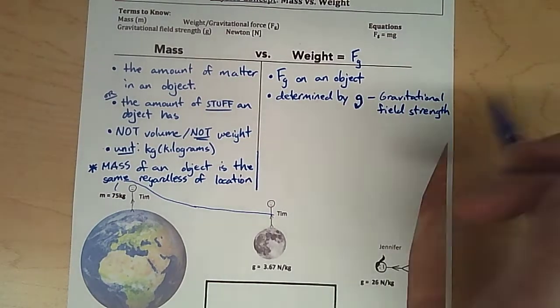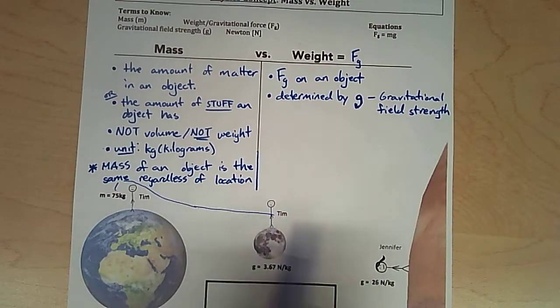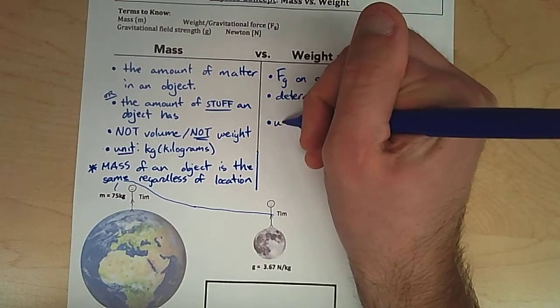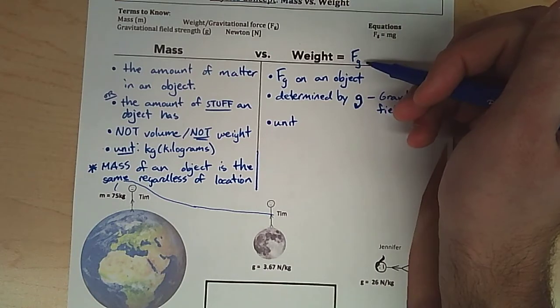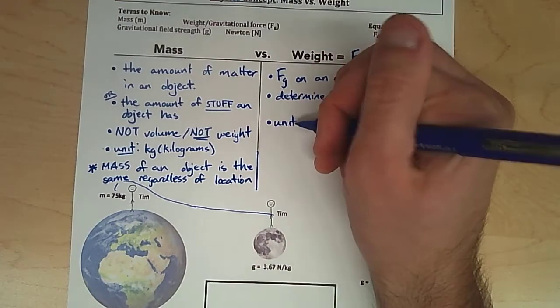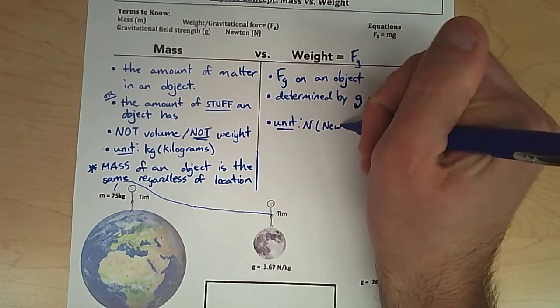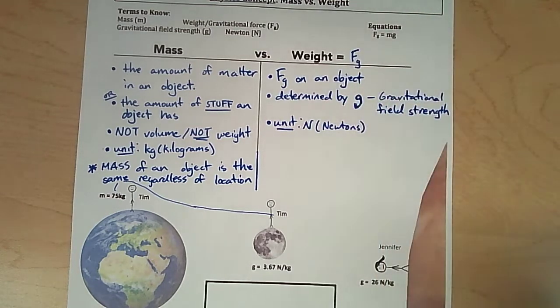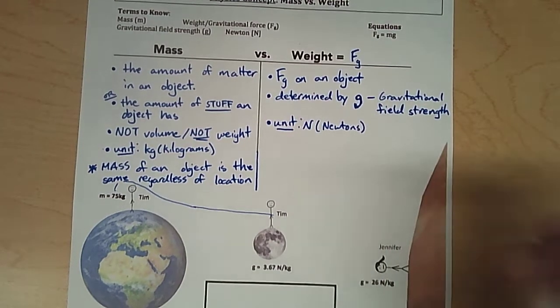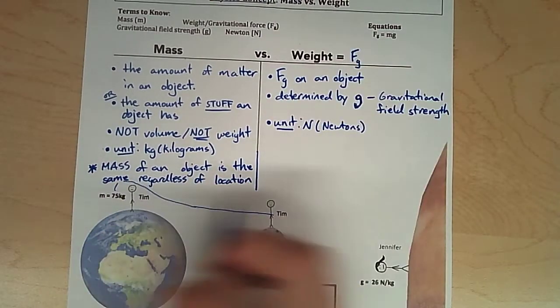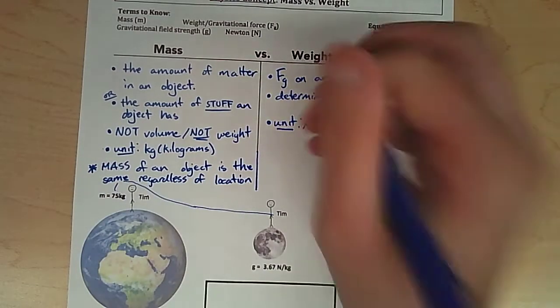All right, so let's go back to weight here, and we're going to compare and contrast. But first, our unit of weight: if it's my force of gravity, well, force is measured in newtons, abbreviated by a capital N. But here's the big thing I want to get to: mass does not change regardless of location.